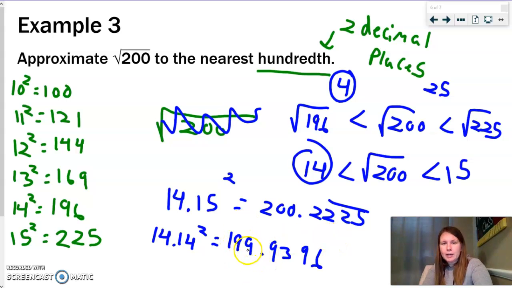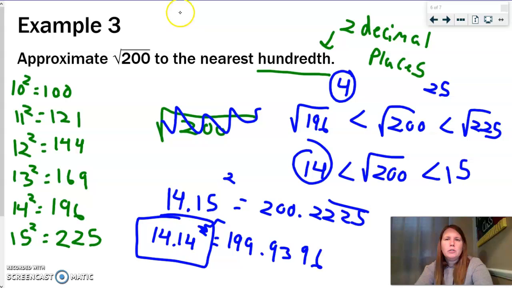If I took 200 minus this number, I am going to get 0.0704, I think. So this is actually going to be your closest. And then we don't actually keep that square there. So the nearest is 14.14.